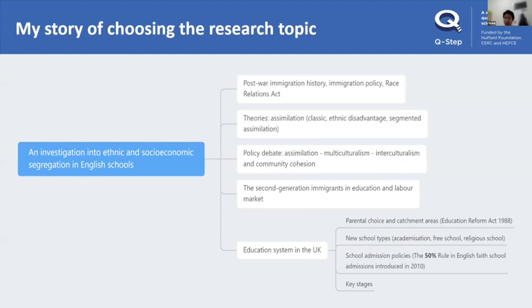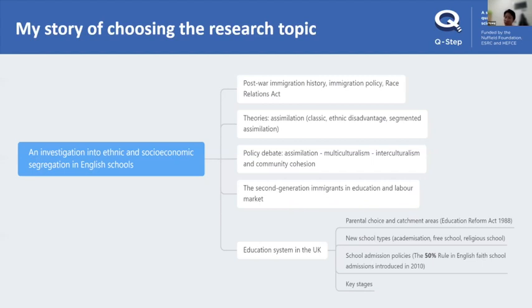And this is the literature part of my final thesis. Quite a lot of things to cover. You can see I talk about the post-war immigration history, the related policy and legislation, and also the theories, including assimilation and multiculturalism. There have been quite a lot of policy debates over those topics, and I also need to look at segregation, and second-generation immigrants in education and the labor market.